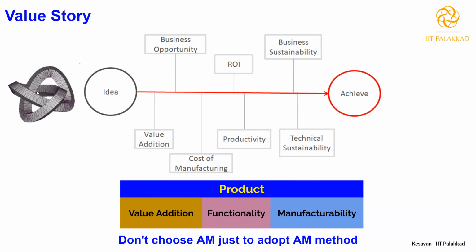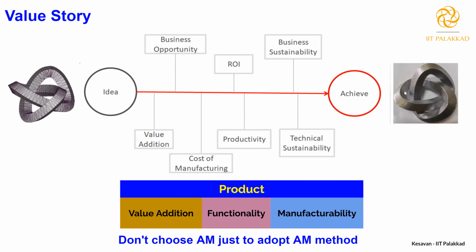For example, I take this component. It looks critical, and it will be challenging to manufacture by conventional means, so I can think of manufacturing such components by using additive. So here, additive manufacturing added some value. That value is the complexity, right?